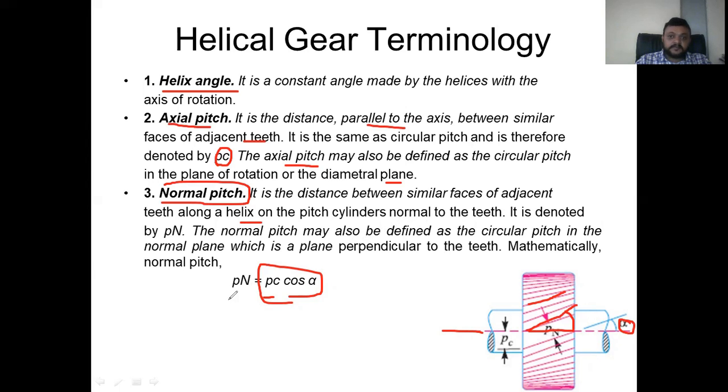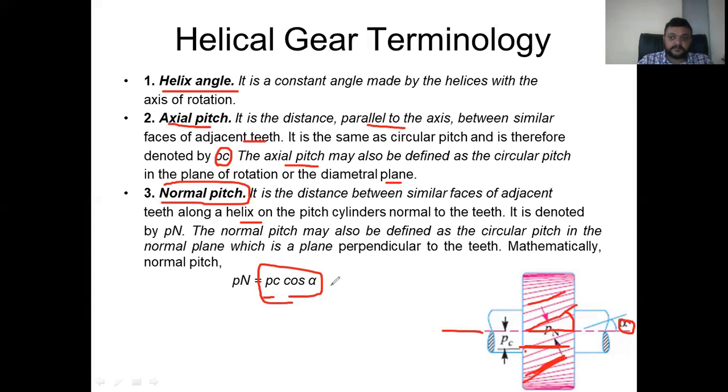In the spur gear, normal pitch is equal to circular pitch, so there is no fundamental difference because there is no helix angle. Circular pitch and normal pitch lie on the same line. But in this case, the pitch along the helix direction is considered the normal pitch.